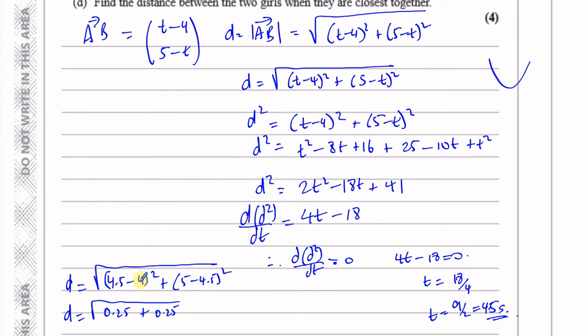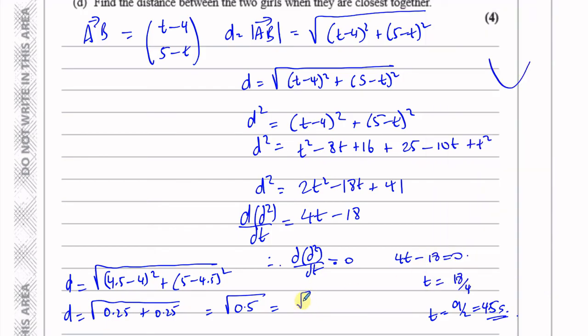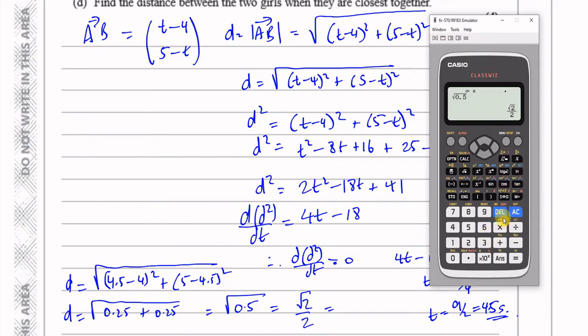So that's going to be the square root of a half. And the square root of a half gives root 2 over 2, which as a decimal is 0.707.